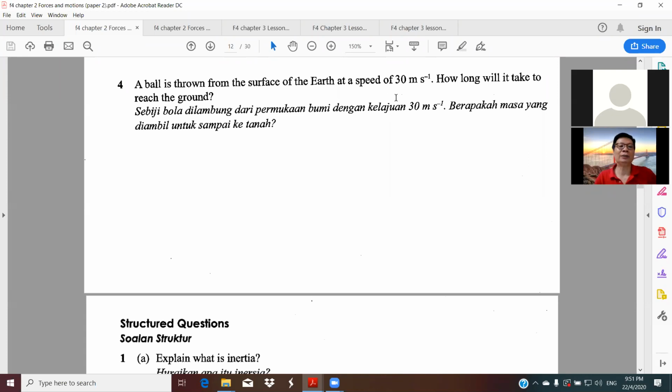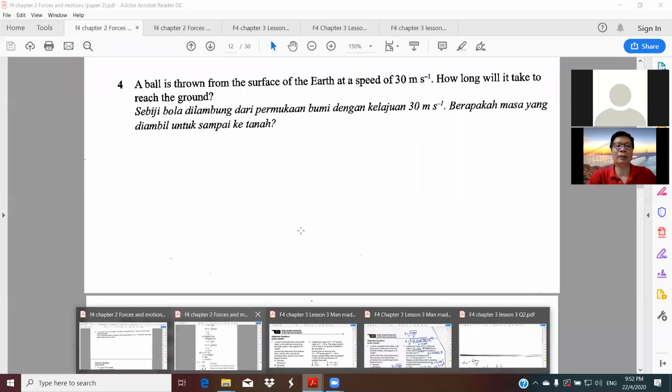How long will it take to reach the ground? You go up, reach maximum height, and then you come back, right? How long will it take to reach the ground? So there are 2 levels of calculation here. Okay, we see how to solve the problem.